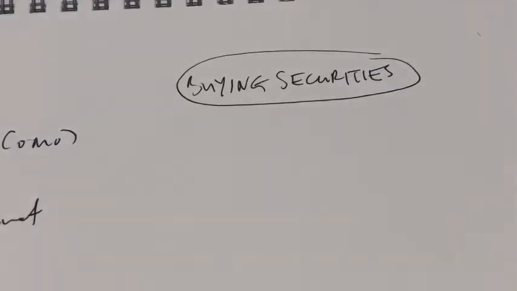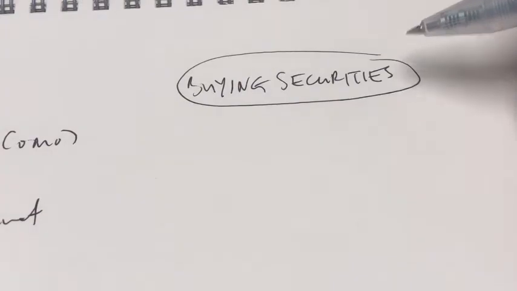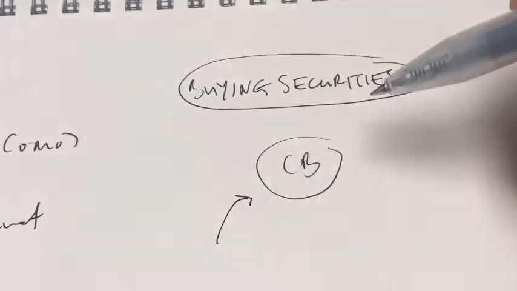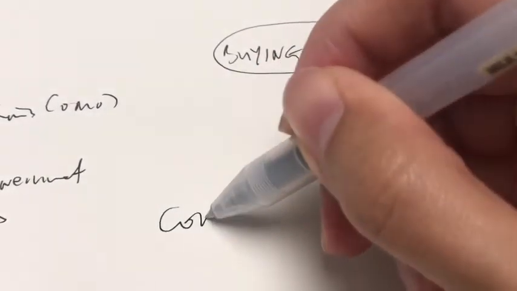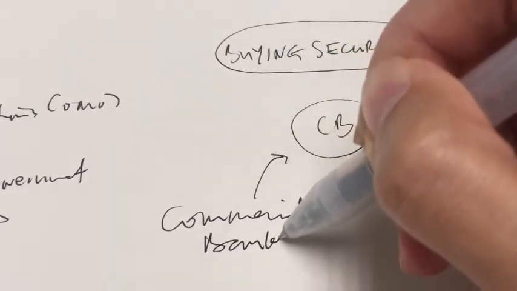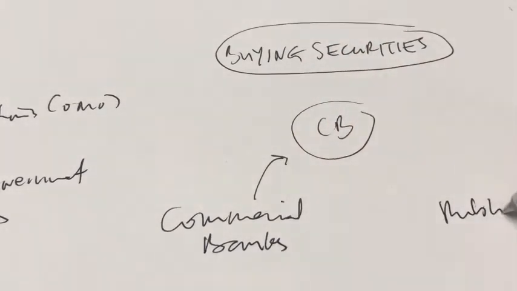So who will the central bank buy securities from? The central bank can either buy securities from commercial banks or the general public.